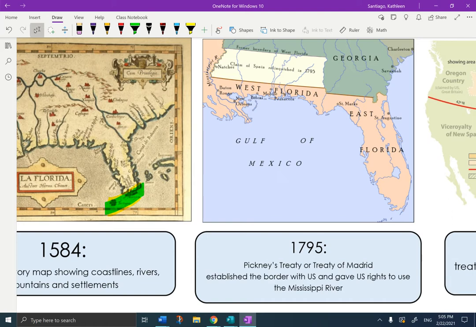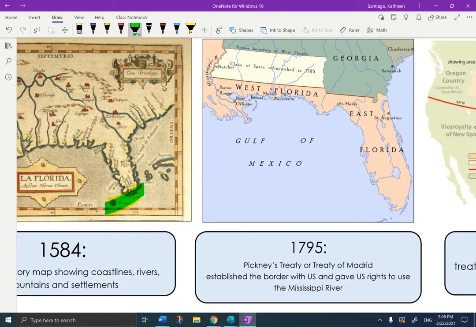So you can see all of that pink area is Spain. East Florida, and what we would now call the Panhandle, is West Florida. And there, the cream-colored area is the area claim of Spain relinquished in 1795 with the Treaty of Madrid, or Pinckney's Treaty.